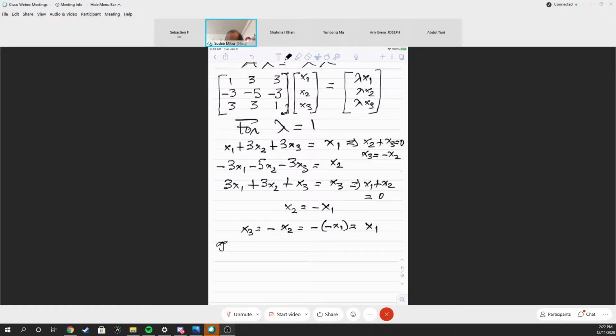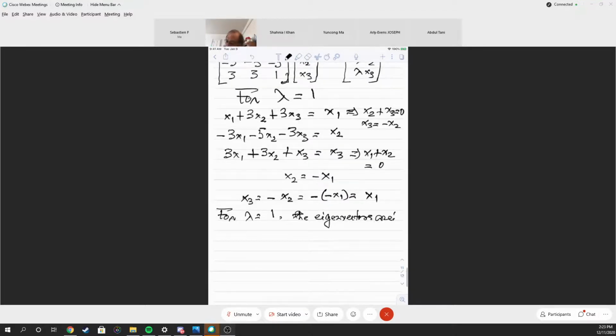So for lambda equal to 1, the eigenvectors are x1, x2 is minus x1, x3 is x1. So x1 times (1, minus 1, 1), but x1 is any scalar.